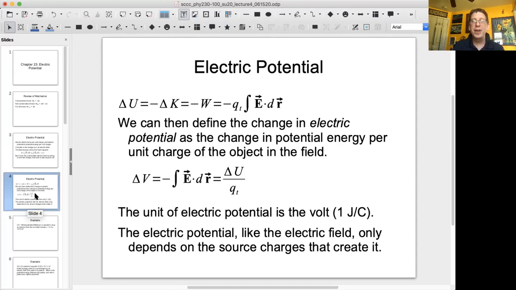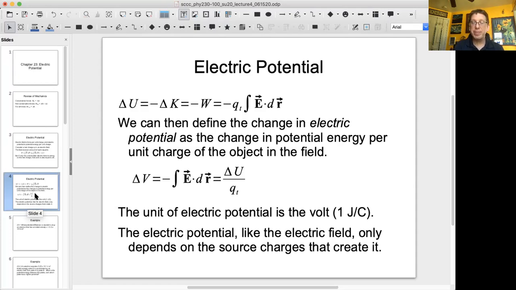But you can also write that as the change in electrical potential energy divided by QT, the test charge, the magnitude and sign of the test charge. And again, it's very, very important when you're talking about electrical potential to keep track of positives and negatives.